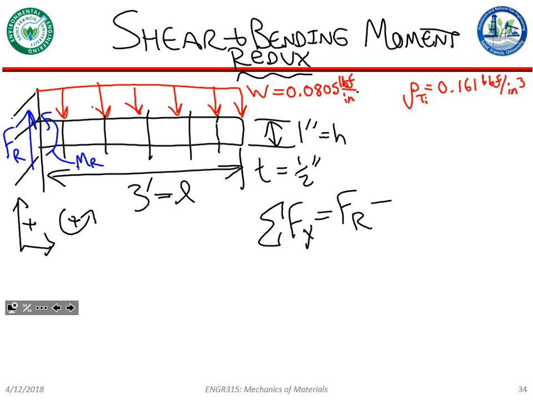How do we get a force from that load? This is a weight per length. So if I multiply by the length of the beam, I get a weight for the beam. So that equals 0. And FR equals?